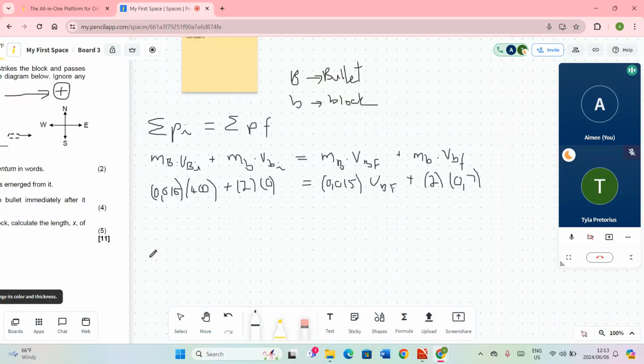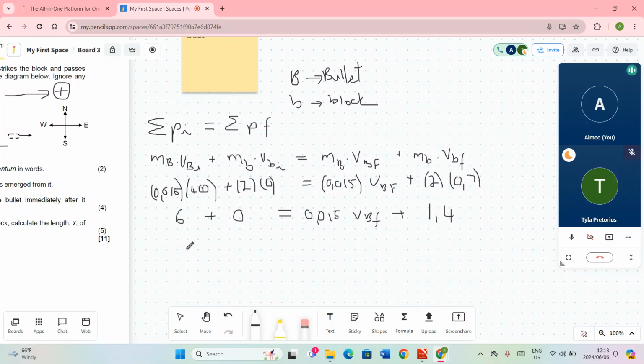Using your calculator, 0.015 multiplied by 400 gives us 6, plus 2 times 0 is 0, is equal to 0.015 times VBF, otherwise known as the velocity of the bullet finally, plus 2 times 0.7, which gives us 1.4.